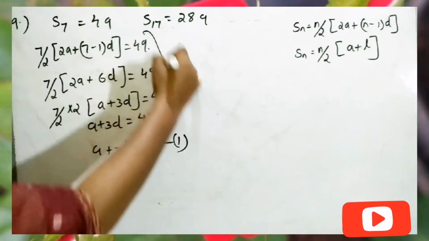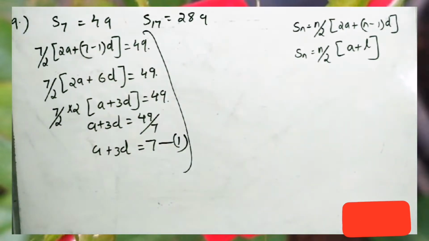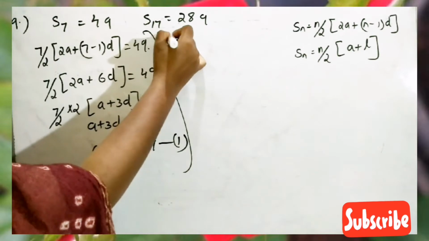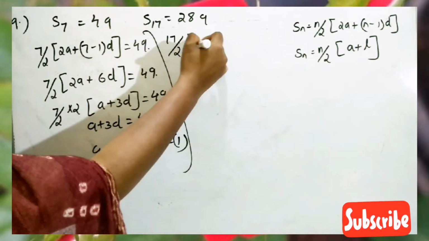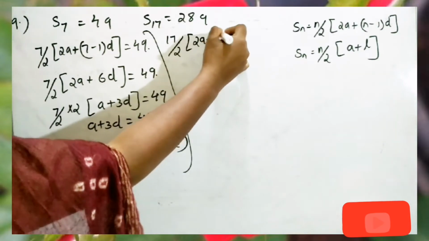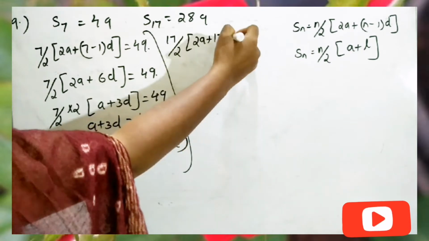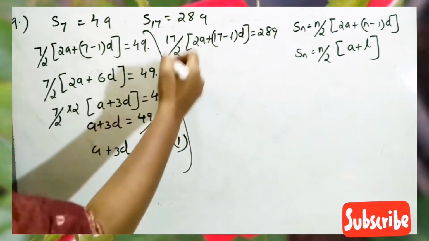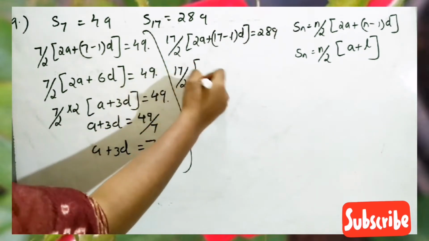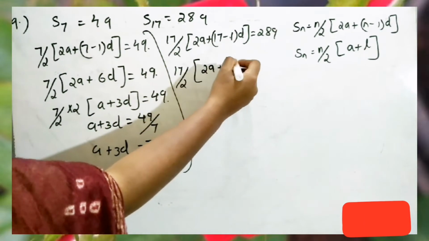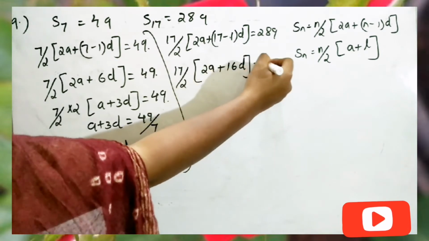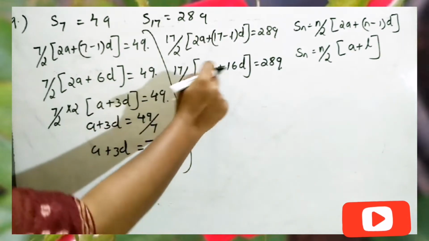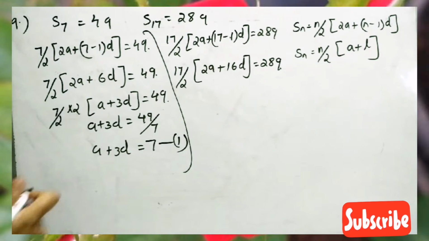Now by using the second condition, S17 is equal to 289. That is 17 by 2 into 2a plus 17 minus 1 into d equal to 289. That is 17 by 2 into 2a plus 16d is equal to 289. 2 is common inside the bracket.